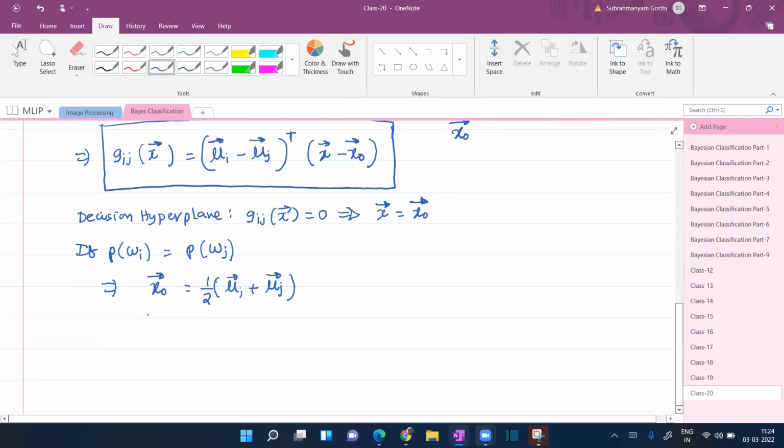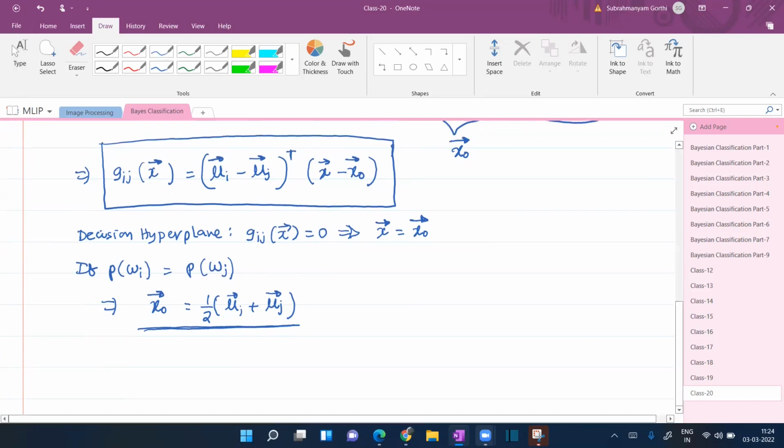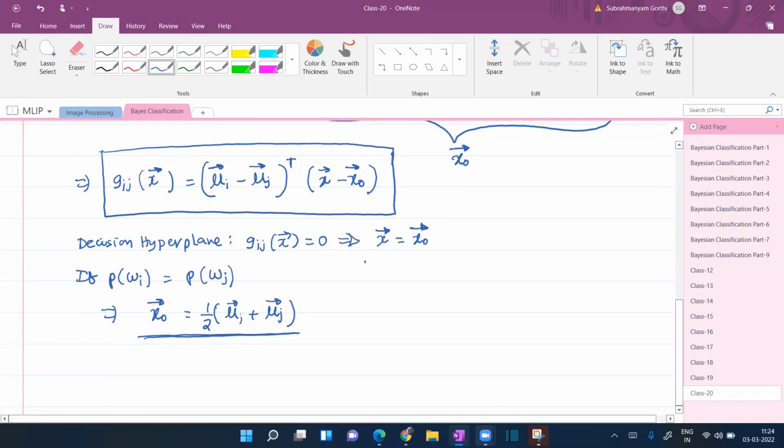So if this is the condition, x naught bar will be equal to 1 over 2 times (mu i bar plus mu j bar). Okay. A similar thing you could also do.